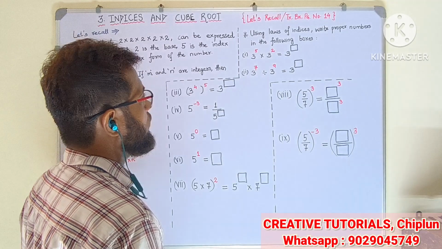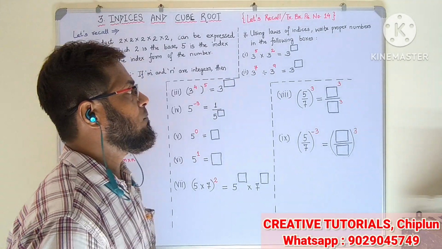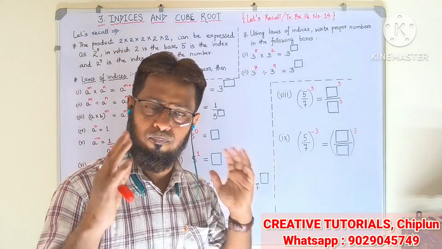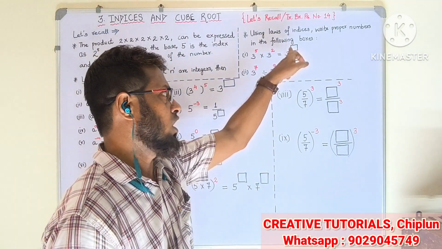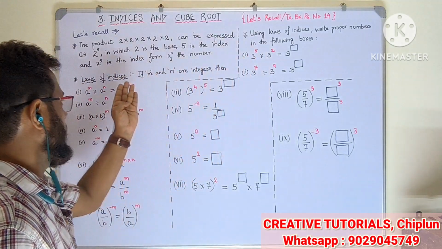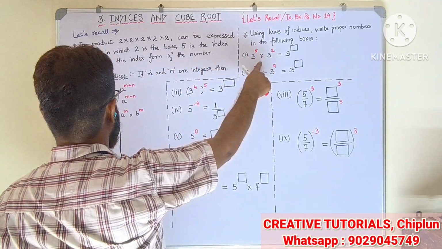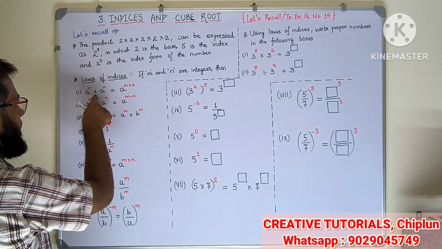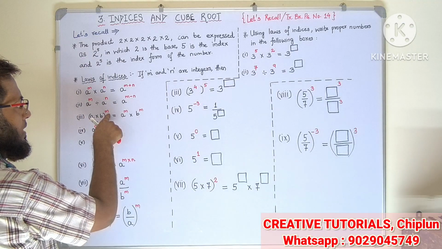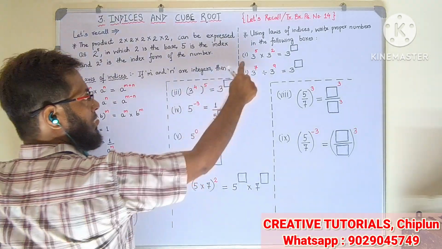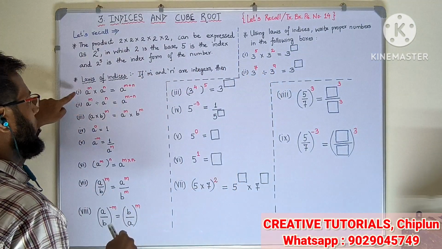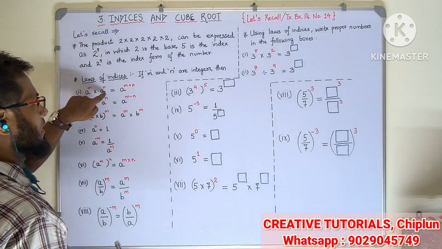Question number 1 says that 3 raised to 5 multiplied by 3 raised to 2 is equal to 3 raised to a box. Which number will come in the box? Let's relate this question with our laws. This is a multiplication sign, here and here also. But here we do not have a common index m, that is, the indices do not match. So this matches with the first law, a raised to m multiplied by a raised to n.